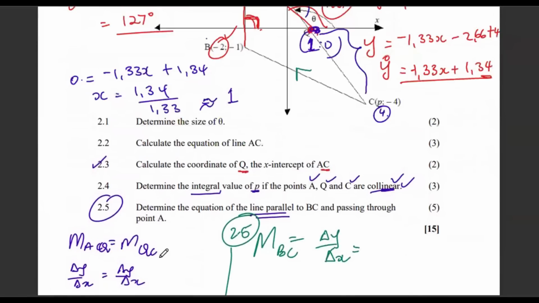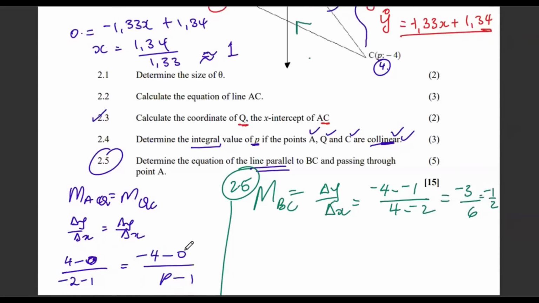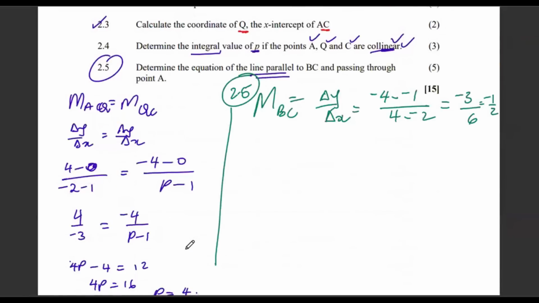Looking at the coordinates, I'll say minus 4 minus minus 1 over 4 minus minus 2. So this gives me a negative 3 over, when I simplify that, I get 6, which is negative a half. Good. Then I'm going to use point A, which is negative 2 and 4.